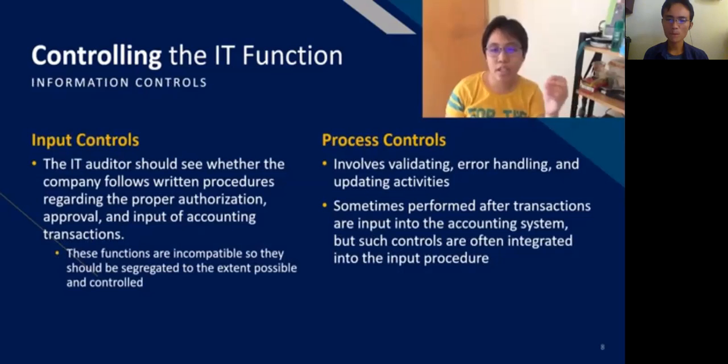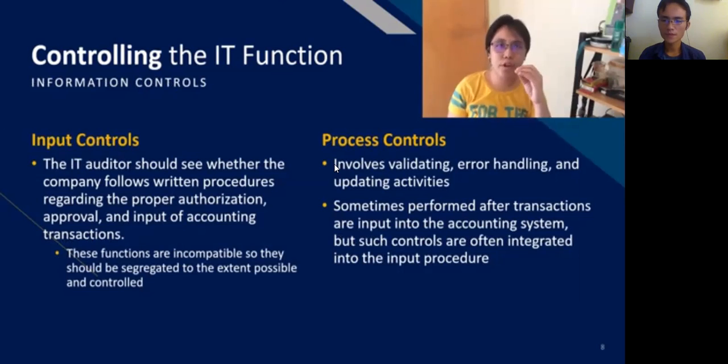Also, next, for the process controls, this would involve validating, error handling, and updating activities, sometimes performed after transactions are input into the accounting system, but such controls are often integrated into the input procedures, which is true because when you input, it should already be part of the employee's job to also validate, handle errors, and update activities.